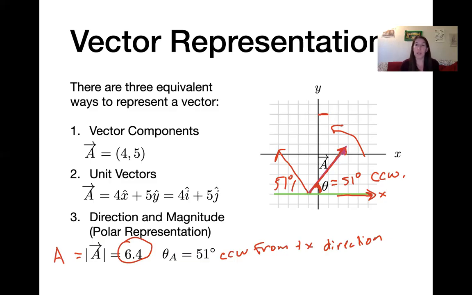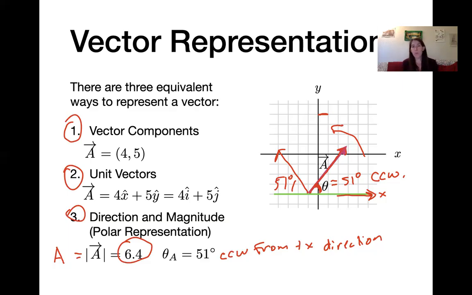And that often is also used for the magnitude of a vector. And this also is telling you everything you need to know to draw our vector. So giving any of these 3 pieces of information fully describes the vector.